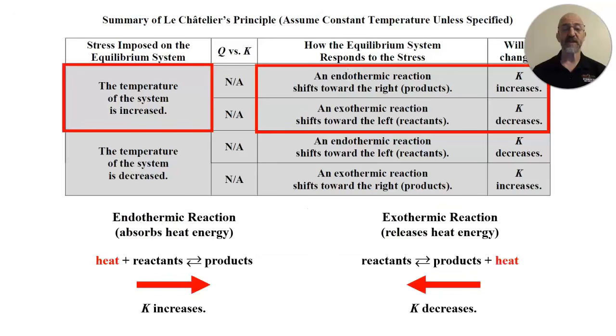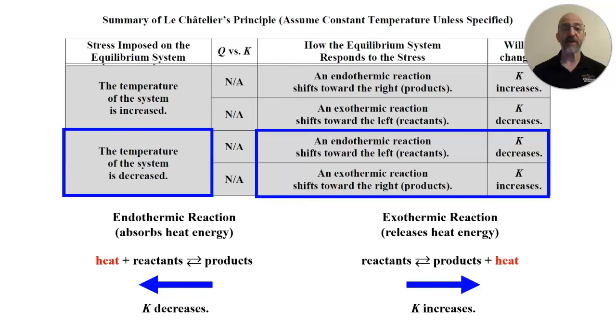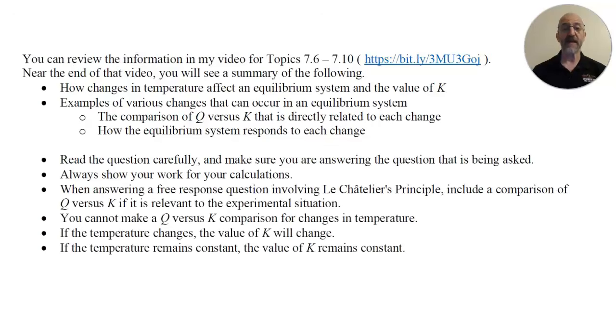I mention those changes in temperature and how K will be affected. So all of that is in that video from my YouTube playlist that's organized by CED units. Again, that would be topics 7.6 to 7.10, that video.